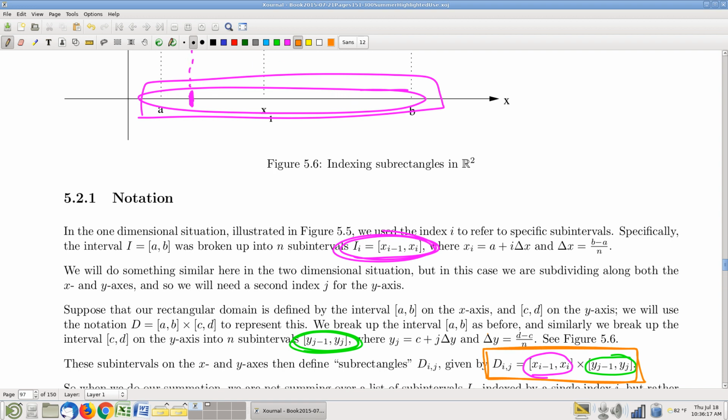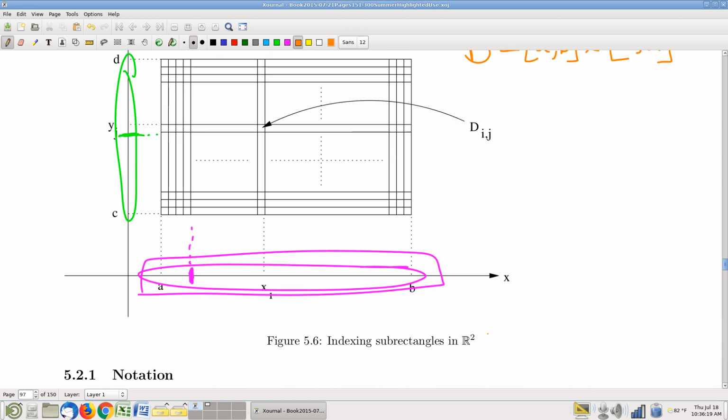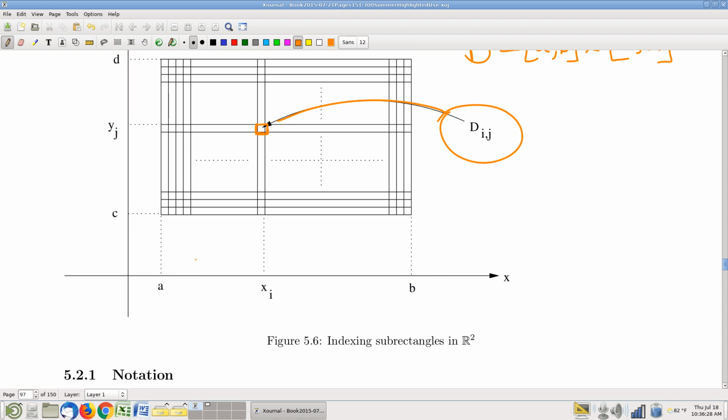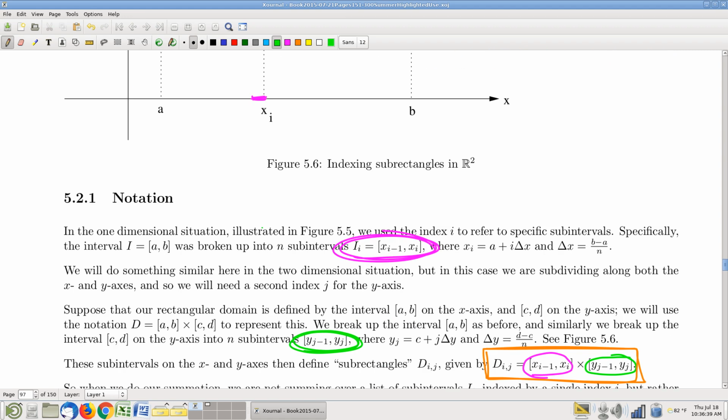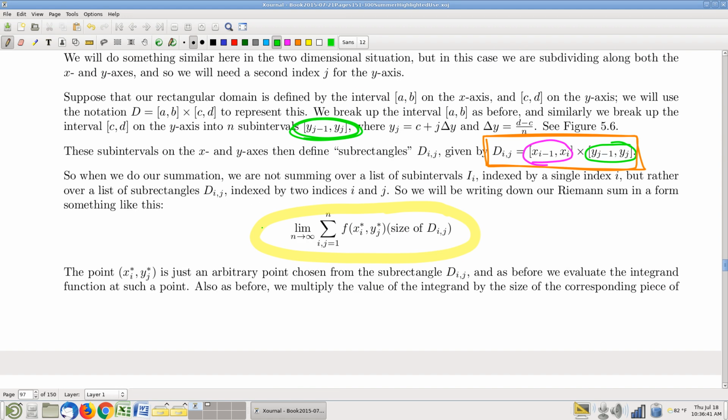So if I come up here and look at one of these individual pieces, I can describe that individual piece by simply knowing what its shadows look like down here and over here. A bunch of details. It's got to get said.